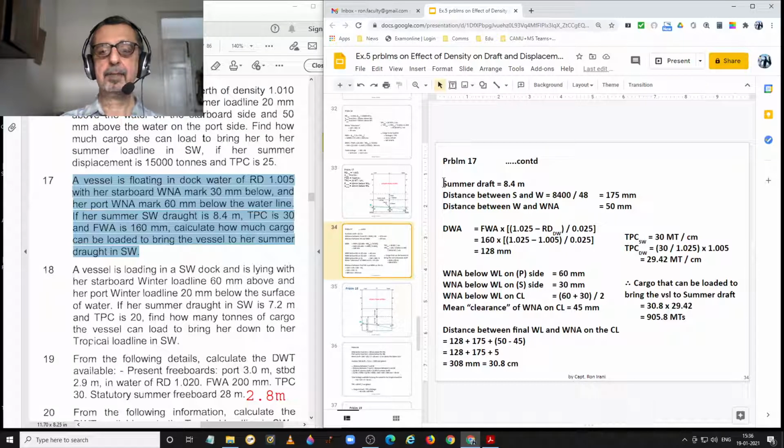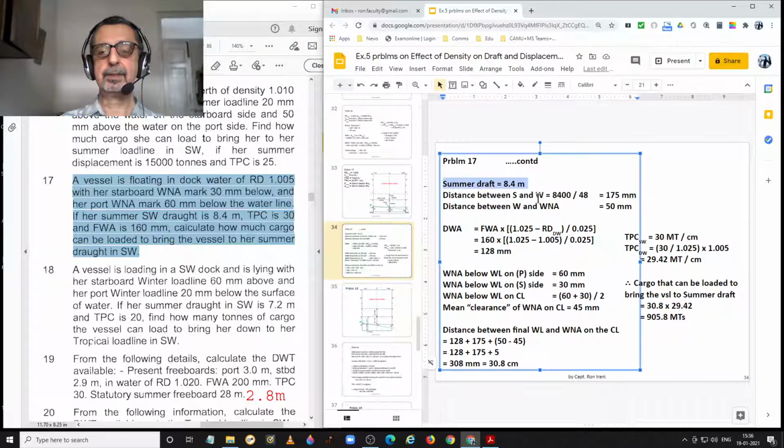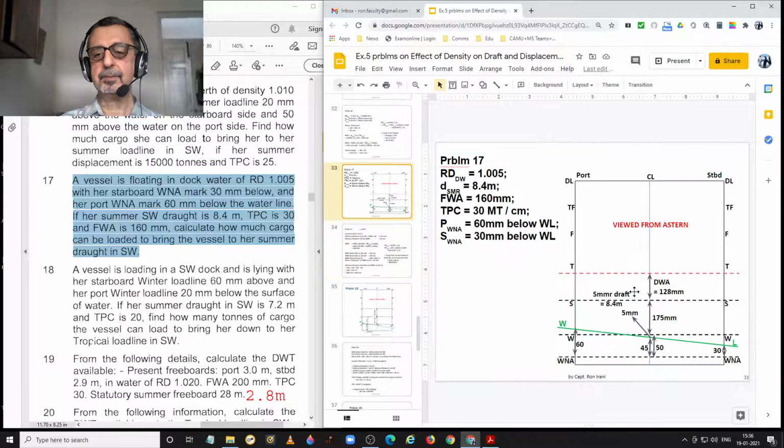Summer draft given to us is 8.4 meters. Therefore, to find the distance between the summer and the winter load lines, convert 8.4 meters into millimeters, which is 8,400, divided by 48, giving us a value of 175 millimeters, which I have shown over here.